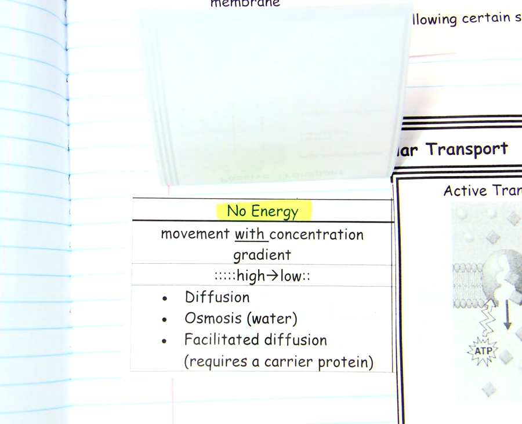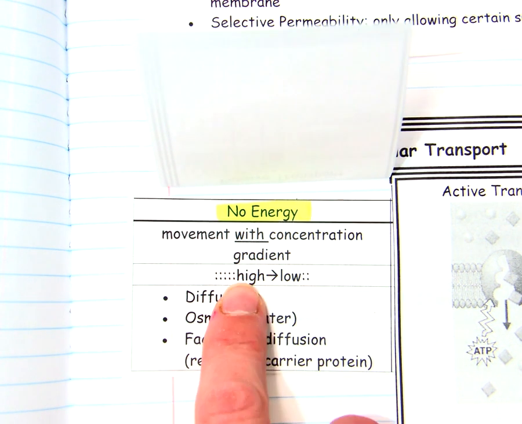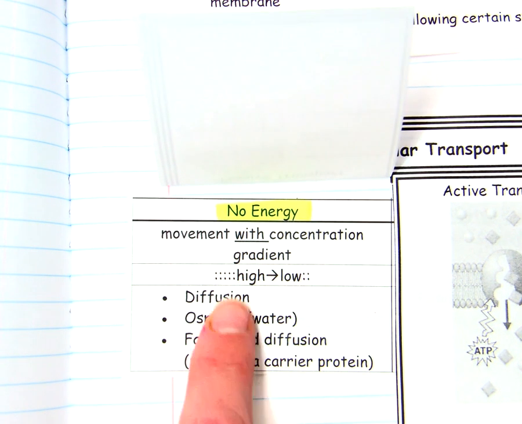If I were standing up here and sprayed perfume, people in the front row would smell it first. But those molecules would diffuse, and eventually people on the back row would be able to smell it. That's moving with the concentration gradient from where we have a high amount to a low amount.